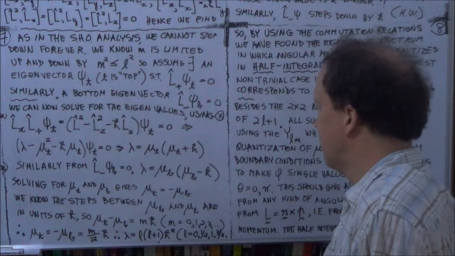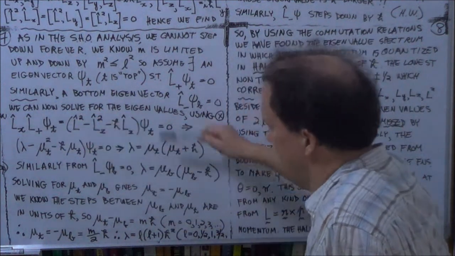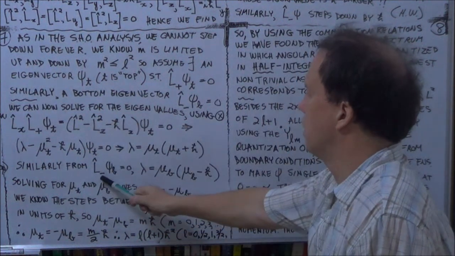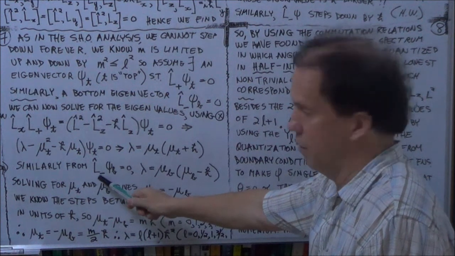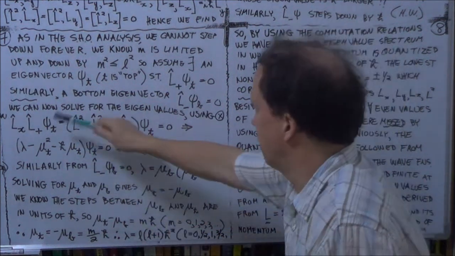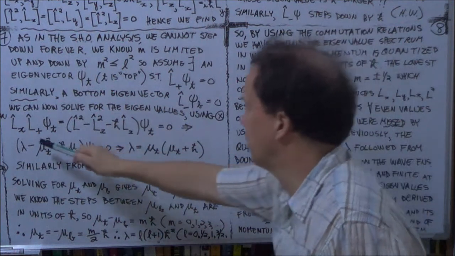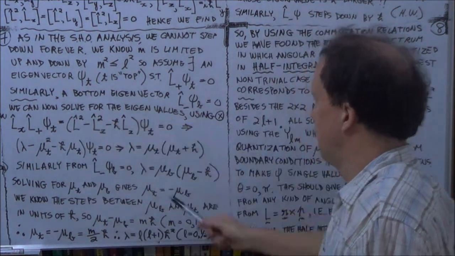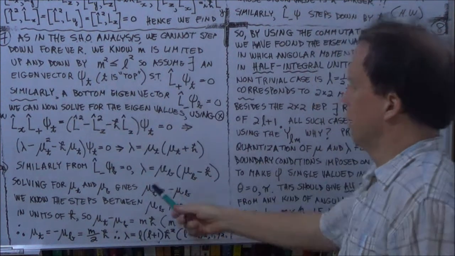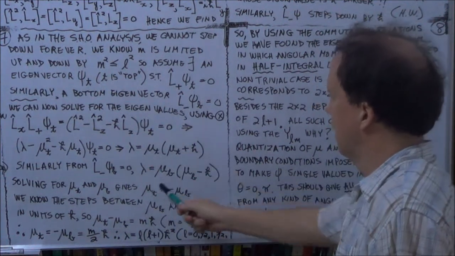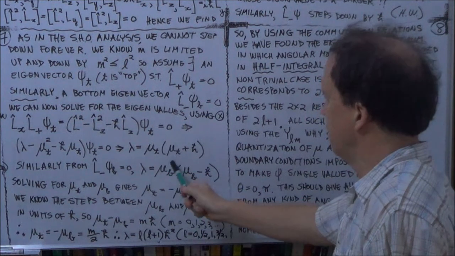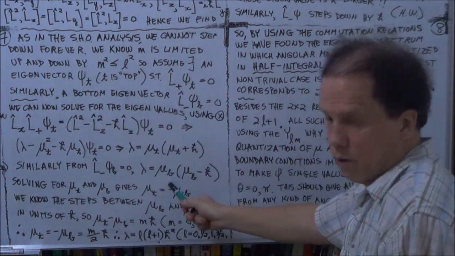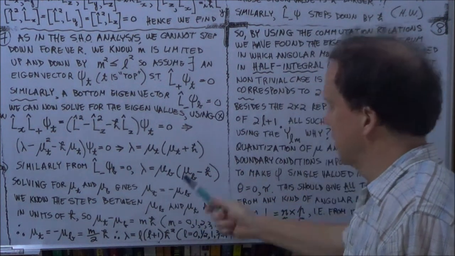Now a similar logic as for these two lines, but using the lowering operator, the step down operator. So do something similar to here. Instead of having plus here, you'll have a minus, and this will change a little bit. Go through the algebra, and you'll end up getting something similar to this, but instead of t you'll have b for the bottom component along the z-axis.